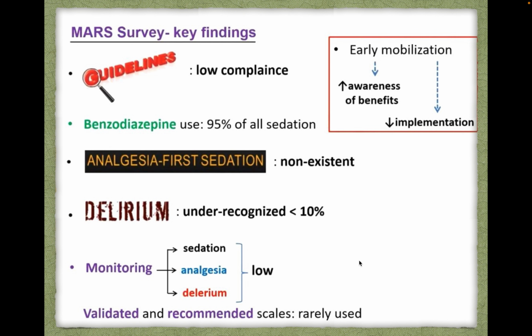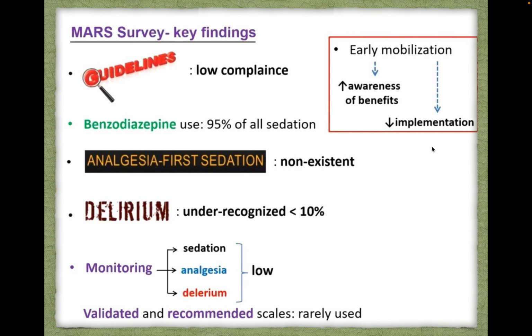And today I recommend that you have a RASS scale displayed in each and every ICU, preferably in each and every cubicle of the ICU of your hospital. And of course for early mobilization, there was a problem of awareness of the benefits, and there was less and less implementation of the same.